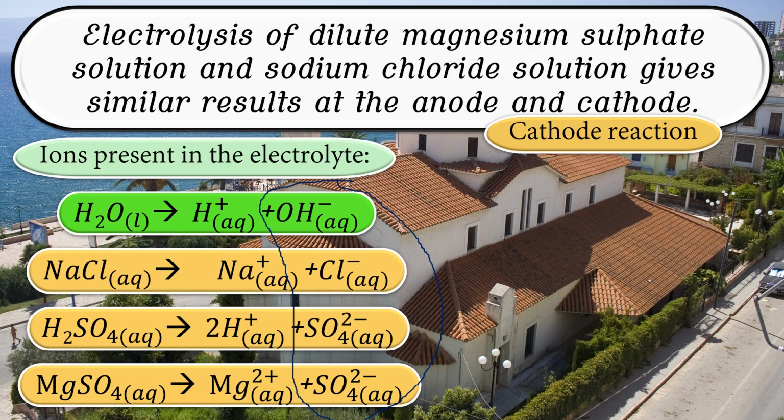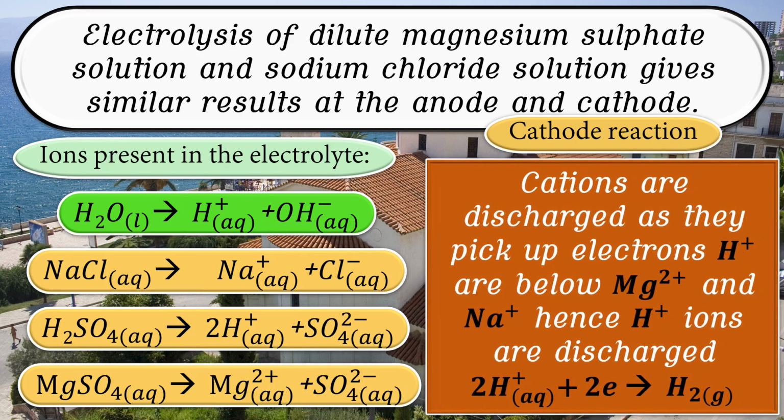And then at the cathode, all the positively charged cations are going to move towards the cathode because they are positively charged. So we are seeing that the cations are discharged as they pick up electrons. That is when they go to the cathode.